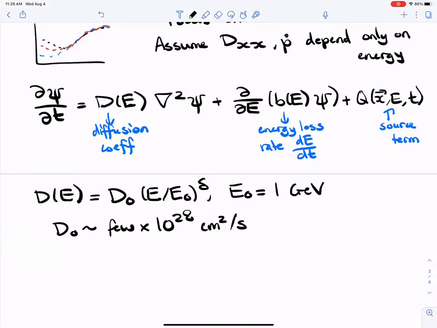but it depends on the scale dependence of turbulence in the magnetic field. The typical range for delta that's usually considered is between about 0.3 and 0.7.